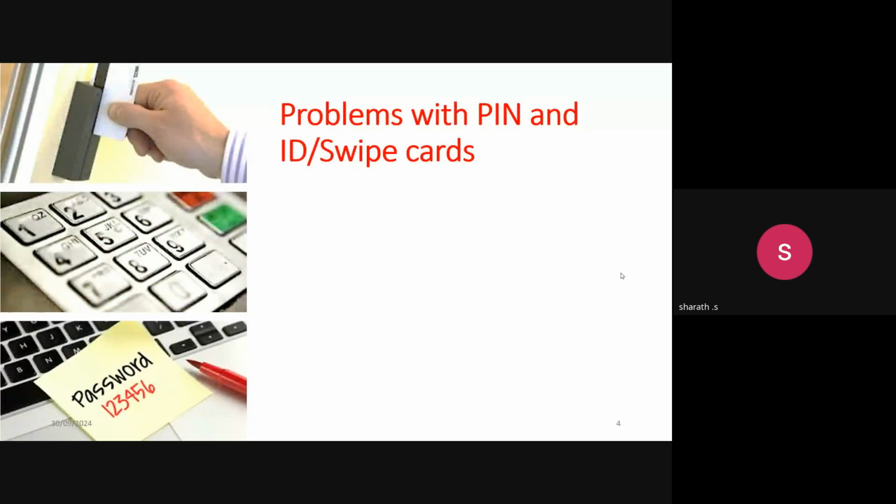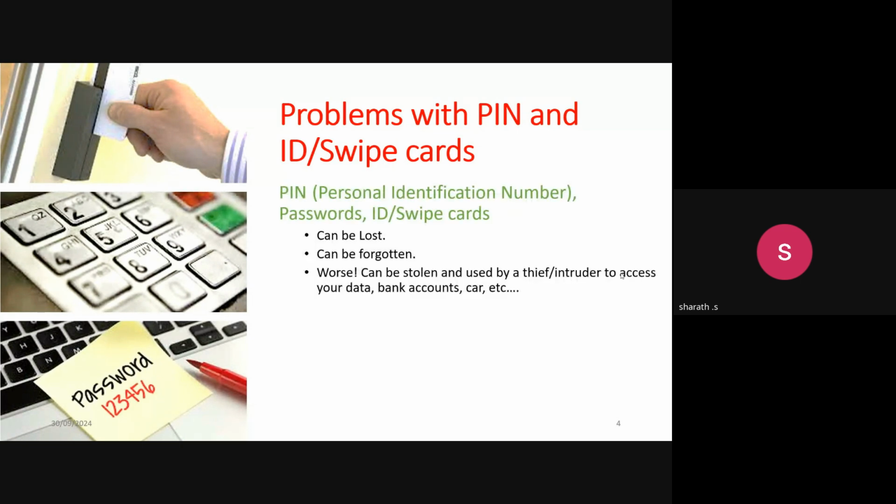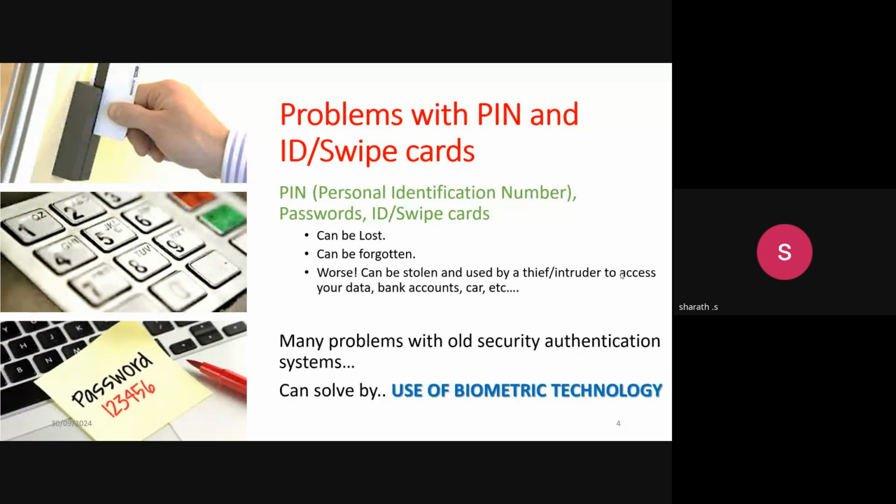The problem with PINs and ID cards is that passwords can be lost or forgotten. The worst is that they can be stolen or used by a thief or an intruder to access your data, bank accounts, car, etc. To overcome this problem with the traditional authentication methods, we can use biometric technology.